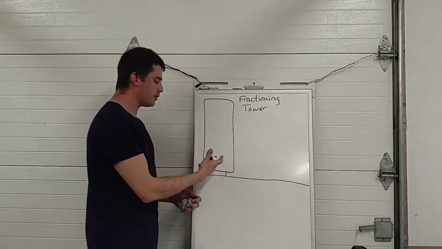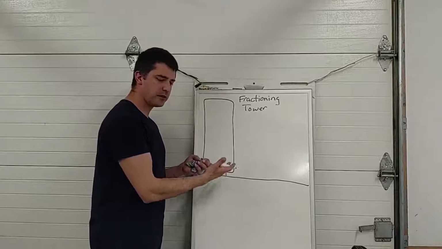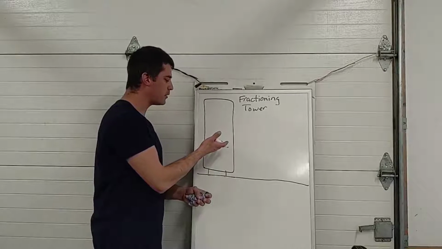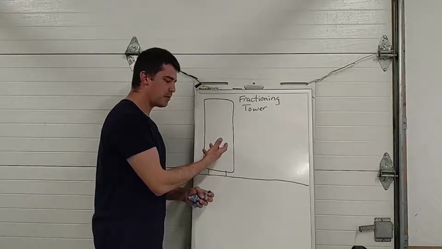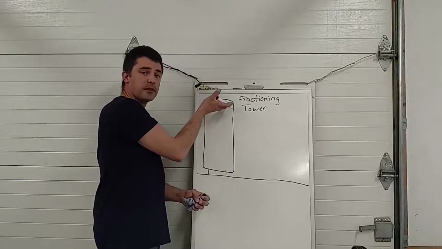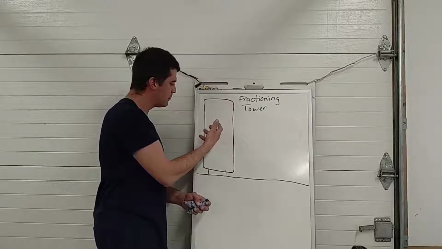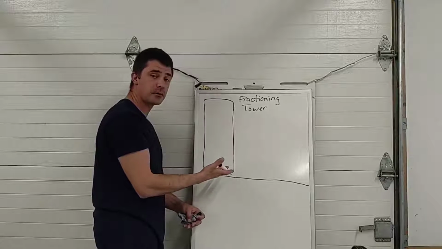And what's going to happen is the different molecules, the different chemicals that exist inside this crude oil are going to start to separate out, with the more volatile or more easily vaporized materials going up to the top of the tower, up to where it's cooler, and the thicker, heavier products that don't boil as easily, that don't vaporize as easily, remaining down at the bottom.